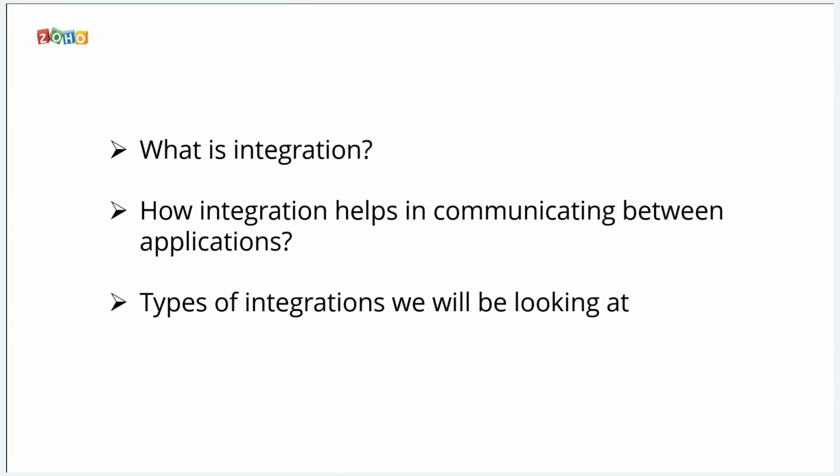So that is called as integration, where we have a common nodal point for us to access data and drop data inside any application or retrieve data from the application as well. So there are a lot of types of integrations, but today we'll be seeing built-in integrations and API integrations using API.